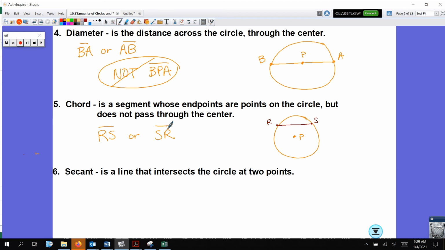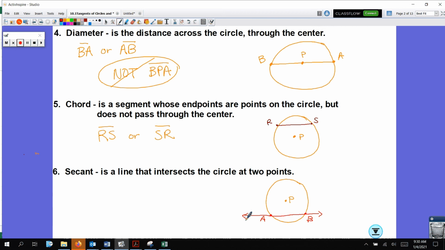All right, a secant is a line that intersects the circle at 2 points. Think about a secant like a chord, but it goes on forever in both directions. So if I have my circle P, and 2 other points, A and B on the circle, and I have this secant line that cuts through the circle but goes on forever.